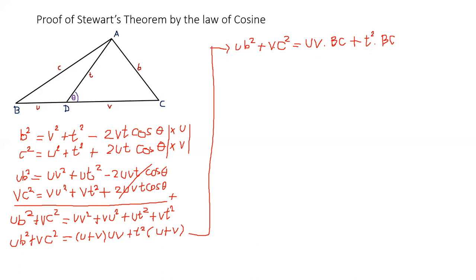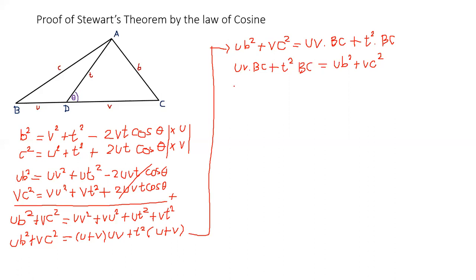So I will write U phi times BC, just changing position, plus T squared BC, equals this.